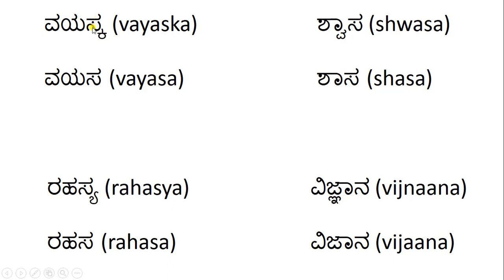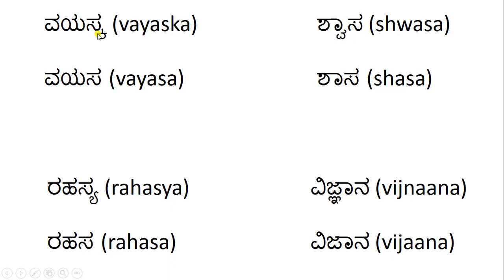This is s, right? But we do not pronounce it as s. We pronounce it as the root consonant. It is not vayasaka. It is vayaska. This is pronounced as the first sound, k. This has the root and this has the whole consonant, vayaska.